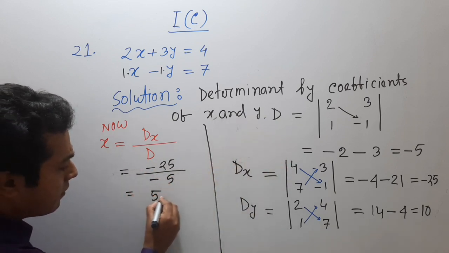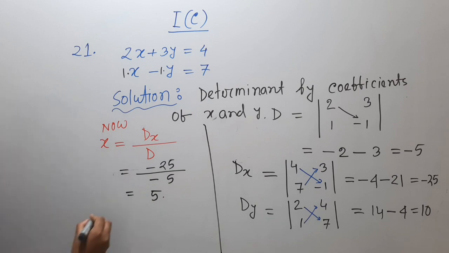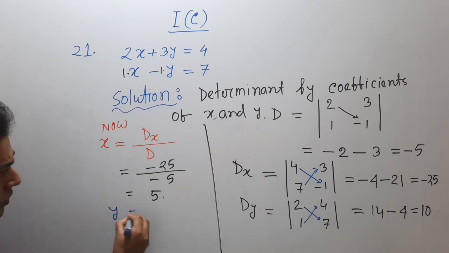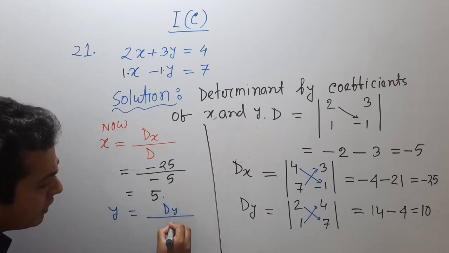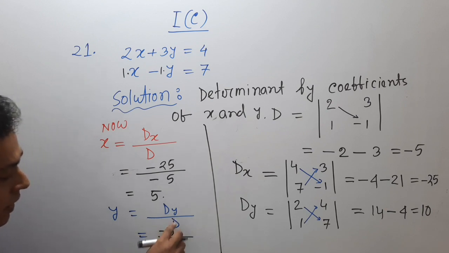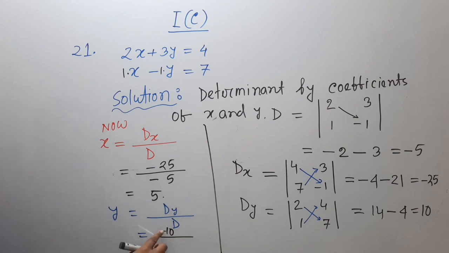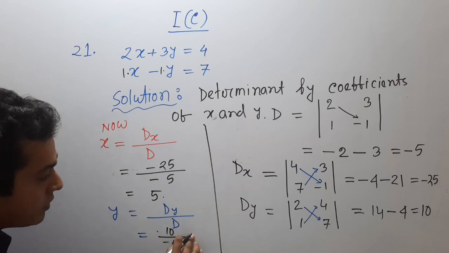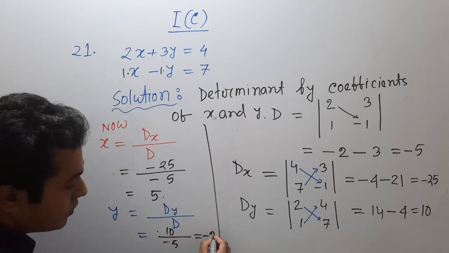Our answer is 5. Okay, and y is equal to Dy divided by D. Here Dy is equal to 10 and D is equal to -5, which is equal to -2.